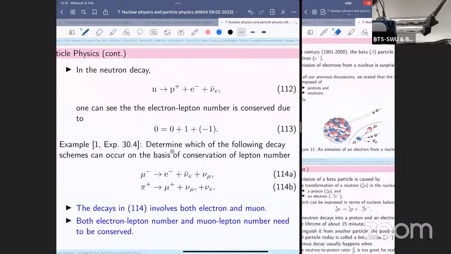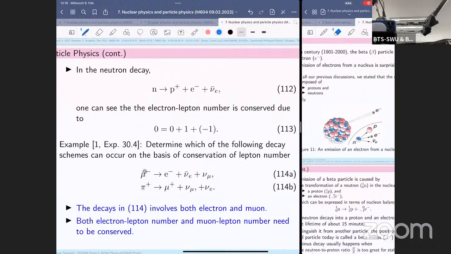Determine which of the following decay schemes can occur on the basis of conservation of lepton number. So you start from the muon, right? The typical muon has muon -1.